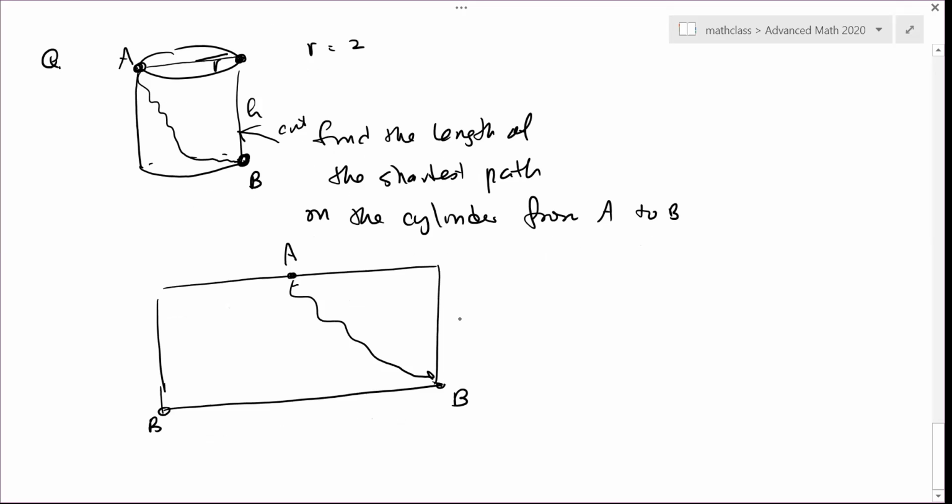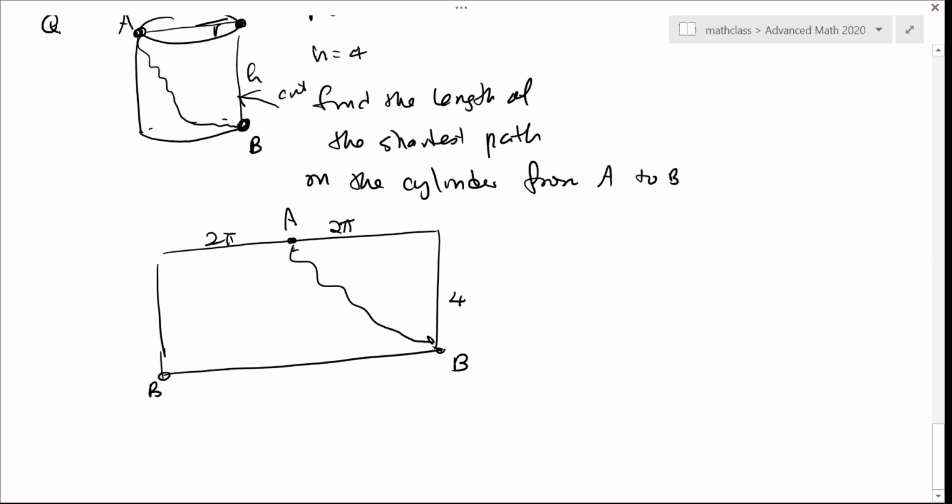So H is 4, so that is a 4. The other side is half of the circumference, because the whole circle is cut open. So it's 2 pi, because 2 pi r with r being 2 is 4 pi, divided by 2. Imagine the shortest path must be a straight line.